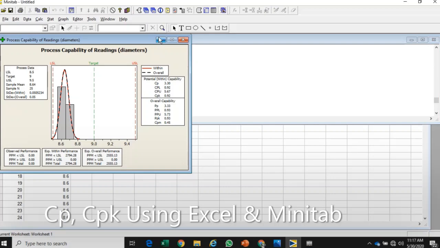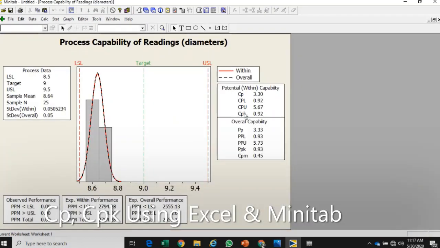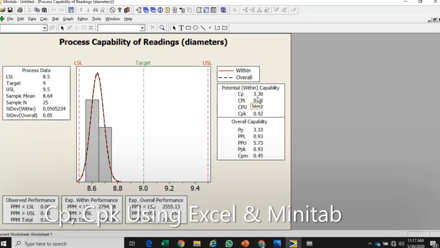So this is the graph you will get. In this one it says the same thing: LSL 8.5, target is 9, USL is 9.5, sample mean is 8.64. That's the same thing we got in Excel. Number of observations is 25, and the standard deviation is 0.05. If you look here, CP is 3.3, which is really excellent, because anything beyond 2 is considered to be beyond a Six Sigma process.